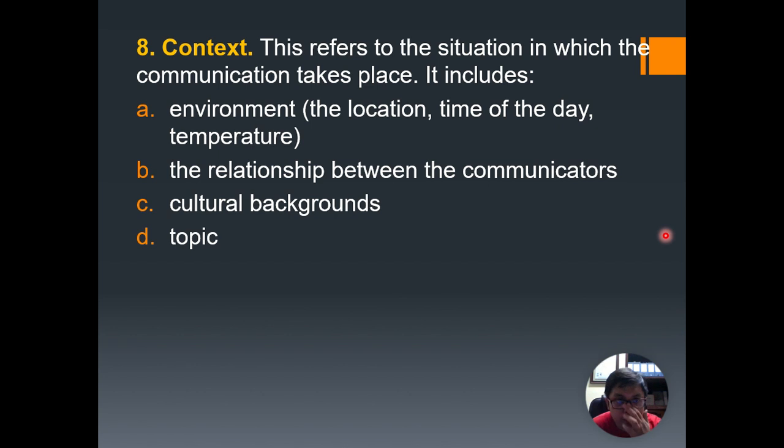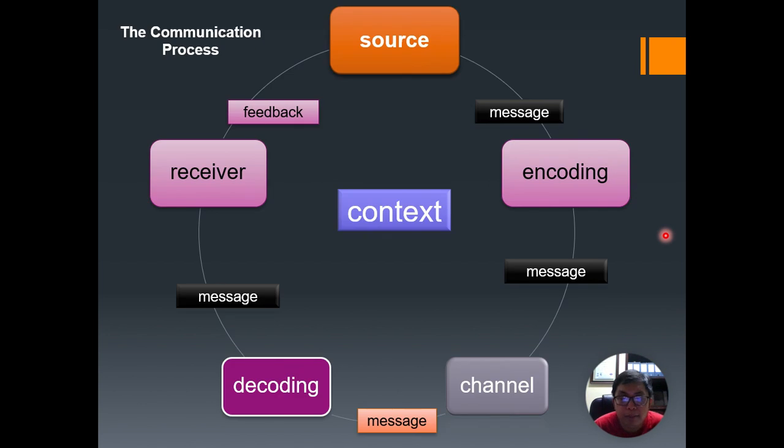Everything is considered in context, especially if you want to maintain a proper way of delivering messages and receiving them at the same time. These are the parts of the communication process, and this is basically how it happens almost every day, starting with the source, ending with the feedback, while everything is surrounded with context. Okay?